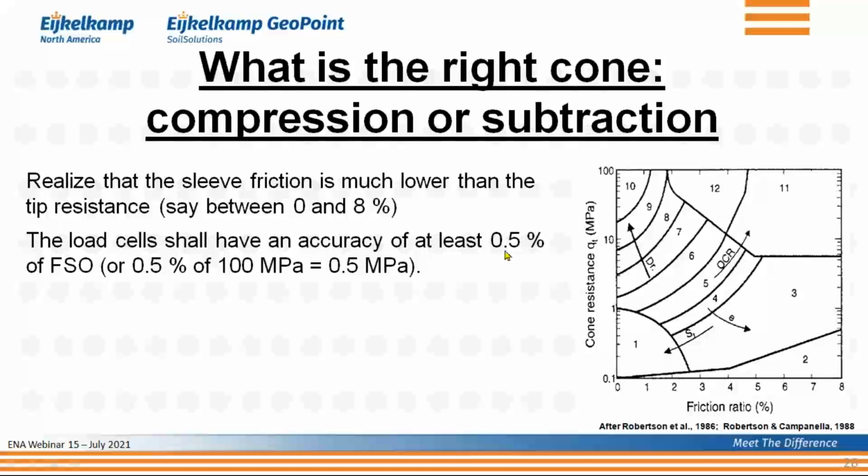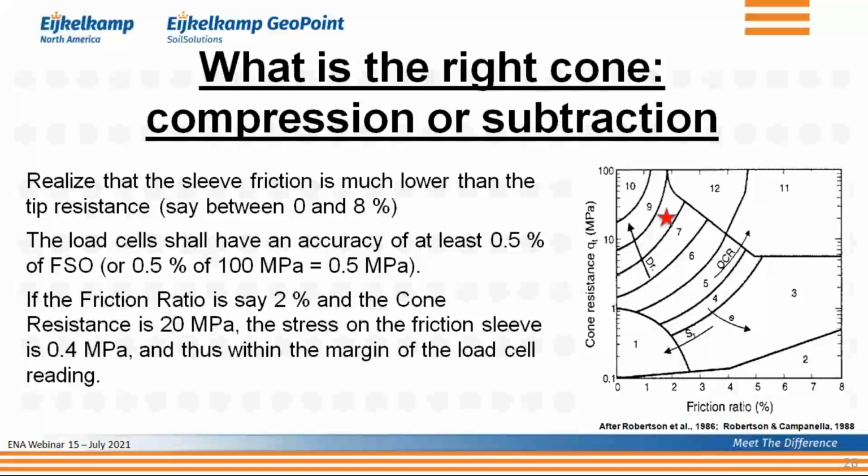What's important is that the accuracy for a load cell is typically somewhere at 0.5% of the full scale output. And in this case, 0.5% of 100 megapascal is 0.5 megapascal. For those of you that are more used to dealing in PSIs and in kips and in tons, don't worry about it. It's the principle right now, and that's why I will only give you the numbers in megapascal.